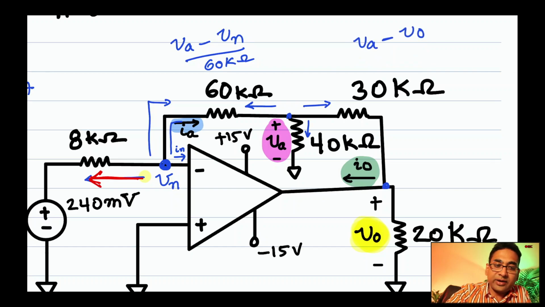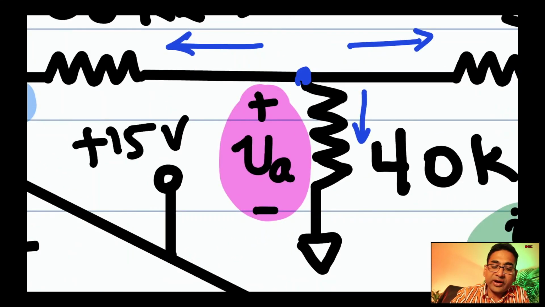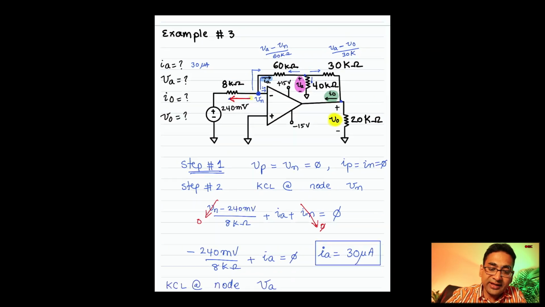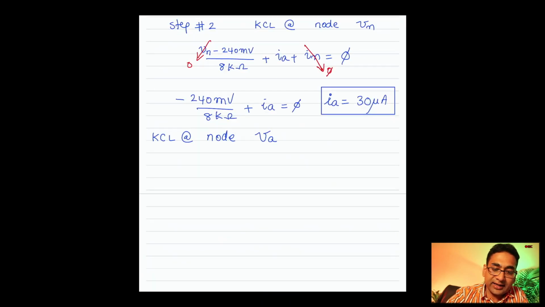And there is a current flowing down which is VA by 40K. So there are three branch currents all leaving the node. I'm going to cut them and paste them over here.